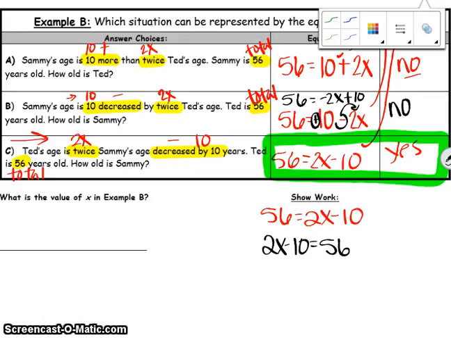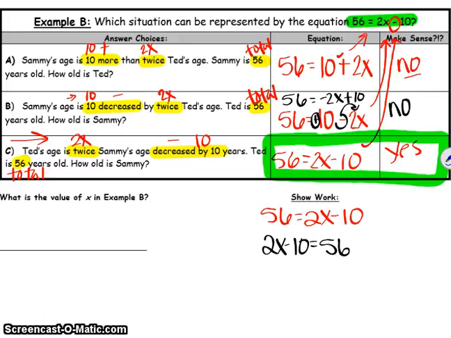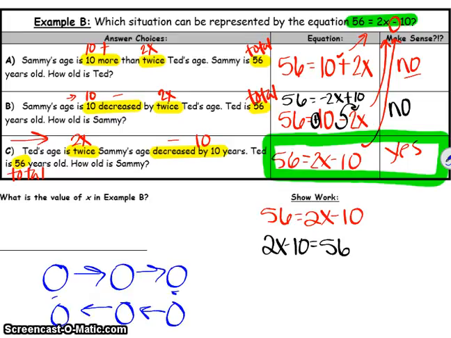In order for me to solve this, I can make my circles or my flowchart. The first thing that goes in my flowchart is my variable, or x. What's happening with my x is I am multiplying that by 2.